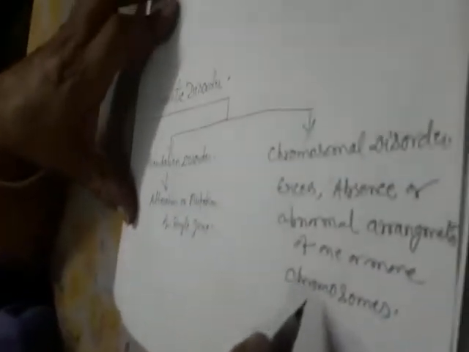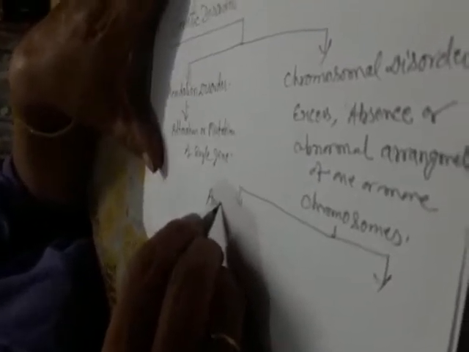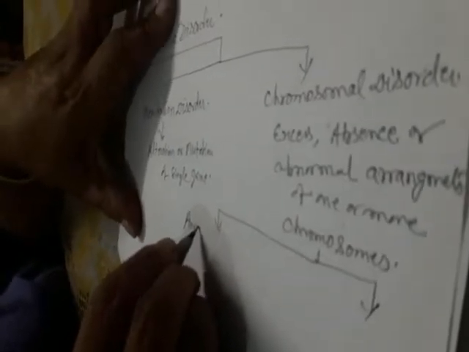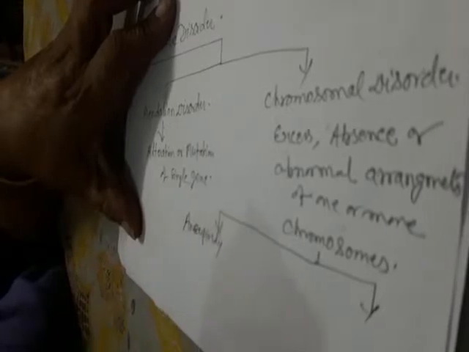Chromosomal disorders, two types: aneuploidy and polyploidy.